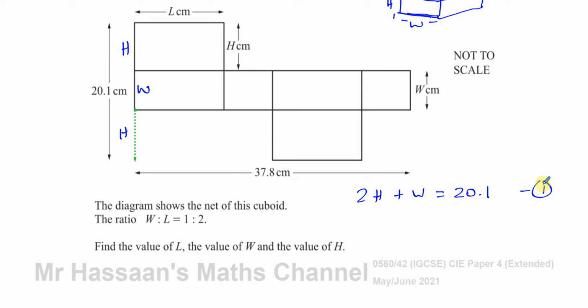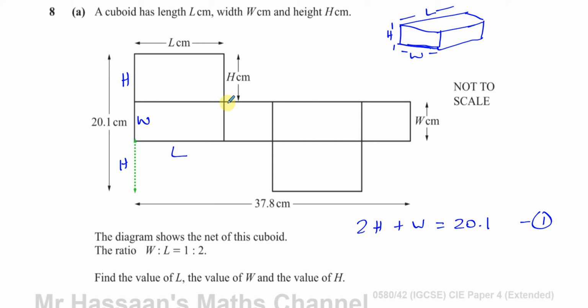I can also make an equation from this. I know that this is L, and I know that this is H because these two will join together. When you put them together, this is going to lift up, it's going to be the height. So this is also H, this is H, and this is L. This is the base, this is the top, that's L. And here again this is H because this is going to lift up, it's going to be how high it is.